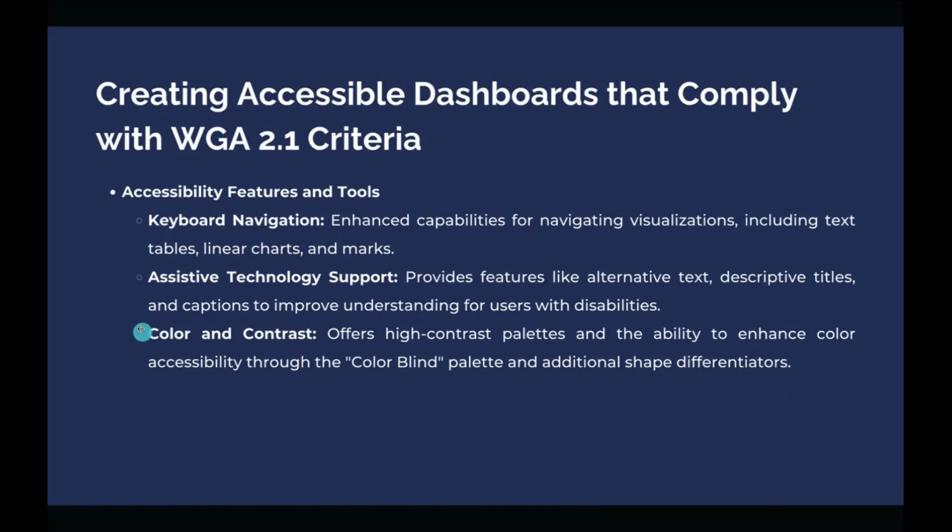And color and contrast: they have high contrast palettes and the ability to enhance color accessibility through the colorblind palette and additional shape differentiators. It's important that you have high contrast with your colors in your dashboard so that they pop off the page and are very easy to see. So Chris, I'll stop sharing and pass over to you for some demonstrations of that.